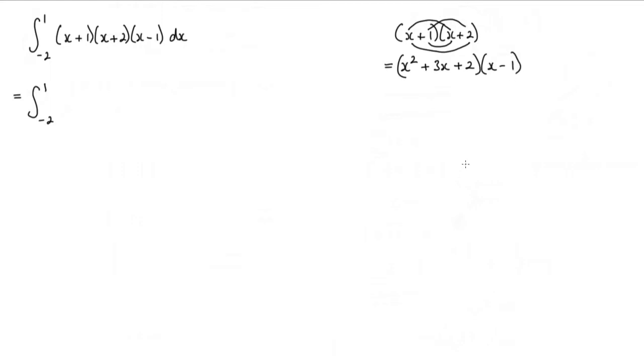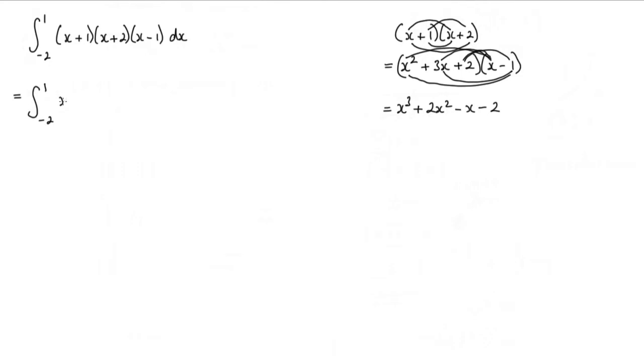So expanding this one, we'd get an x cubed term, so x cubed. We then have a 3x squared minus an x squared, so that would give me a 2x squared. And for the x terms, well, we'd have a plus 2x minus 3x, that would give me a negative x there, and we'd end up with a negative 2 on the end there.